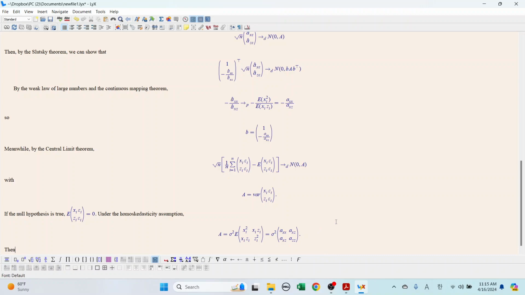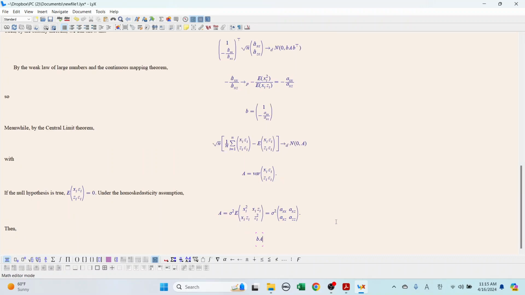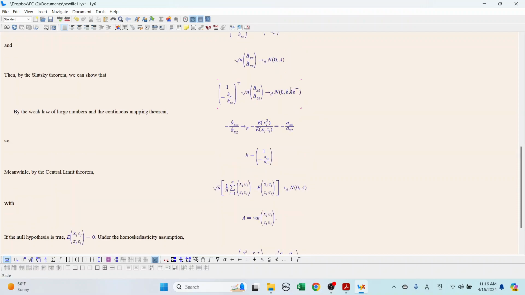So then B times A times B prime will become more complicated. So this times, excuse me, it's my bad, the transpose must be here.